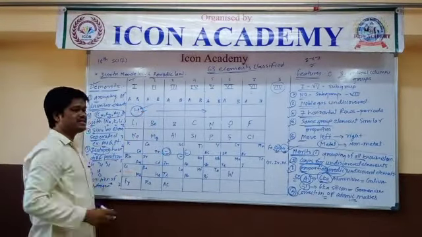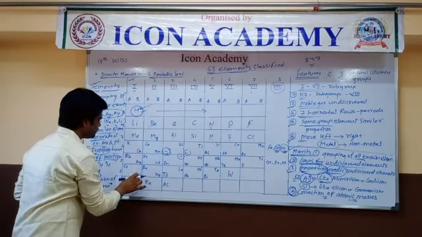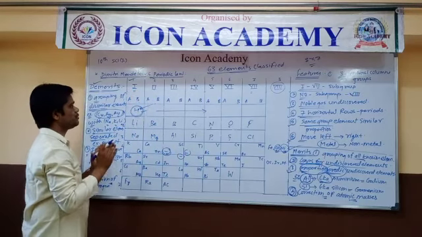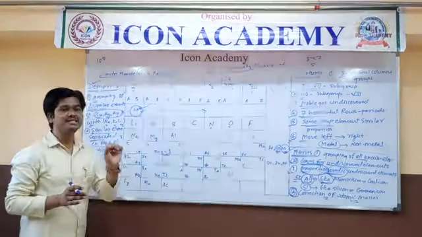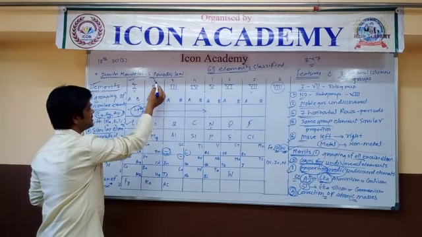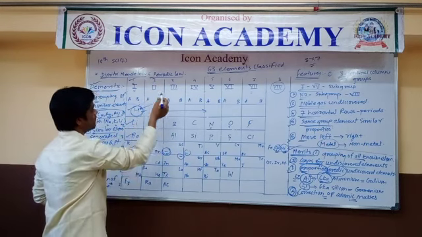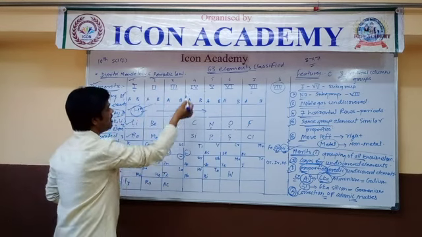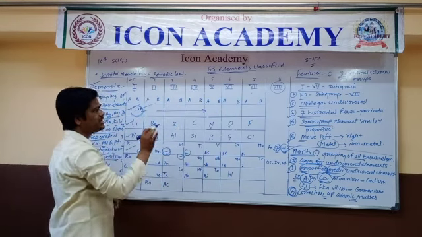Then the important thing in this Mendeleev's periodic table: the elements that come in the first group show valency 1. The valency of hydrogen is 1, lithium is 1, sodium is 1, calcium is 1. Then the valency for the second group is 2, the third group is 3, the fourth group is 4.